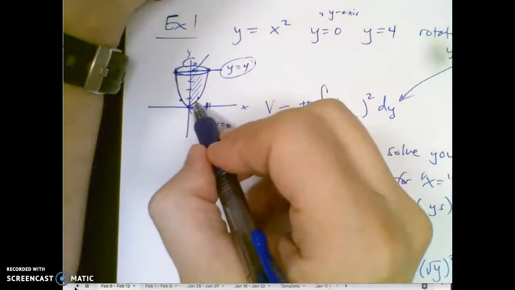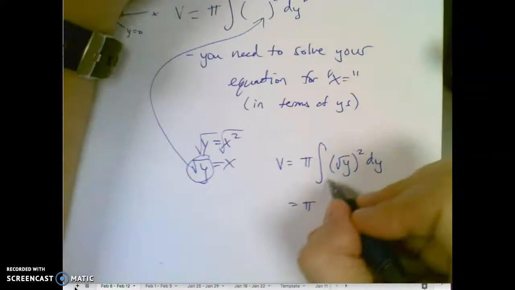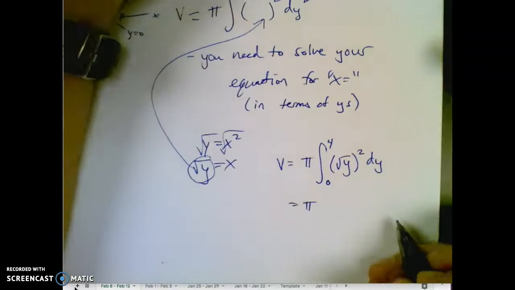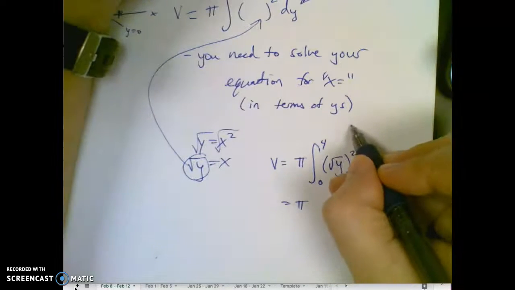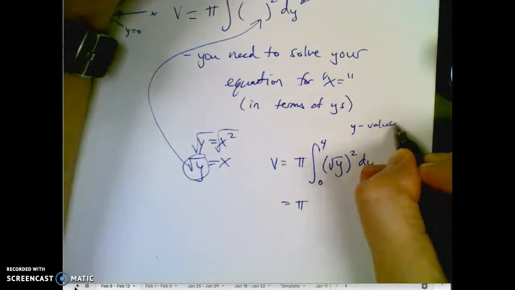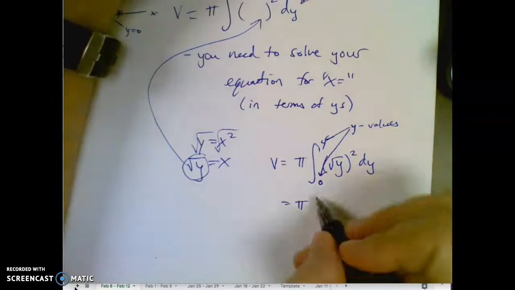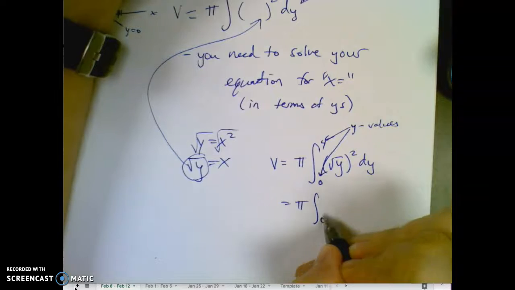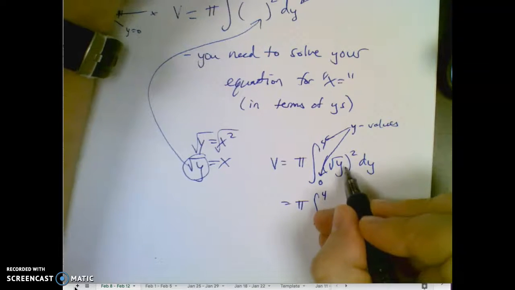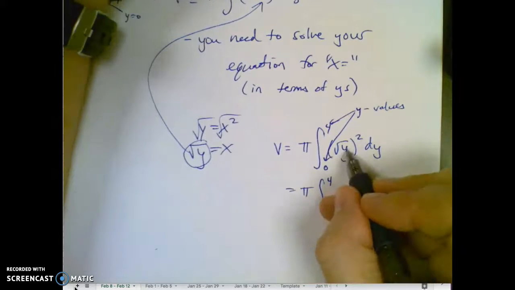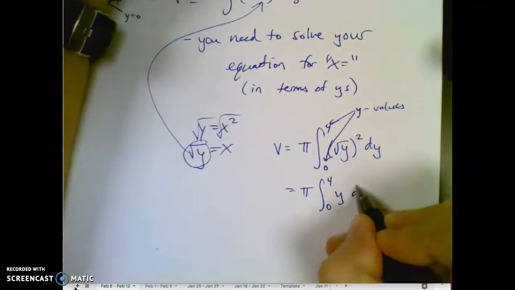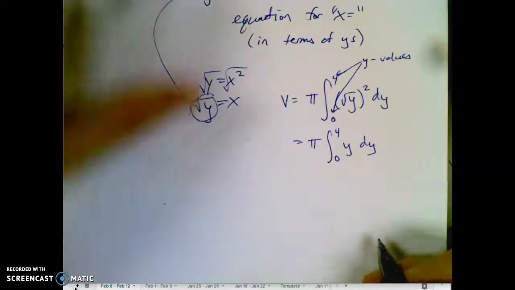So I'm starting at this y value, I go up to that y value, so 0 to 4. That's another thing to watch for. These need to be y values, not x values. Okay? So integral from 0 to 4 of pi, and what's the square root of y squared? It's just y.